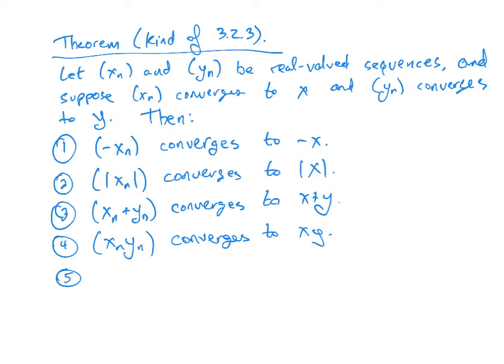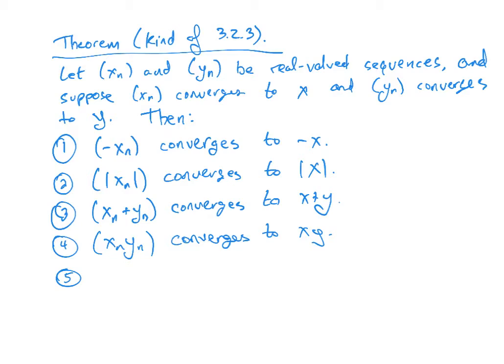Division. But division's a little bit of a problem because you can't divide by 0. Think about just the sequence 1 over n. Well, I guess that wouldn't be fair because the sequence xn equals n doesn't converge.